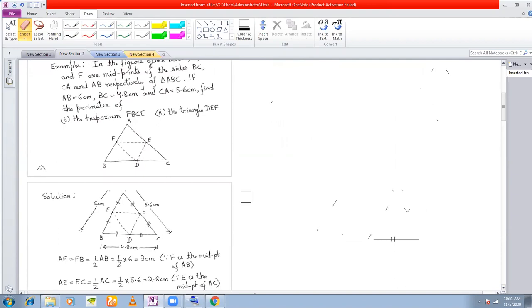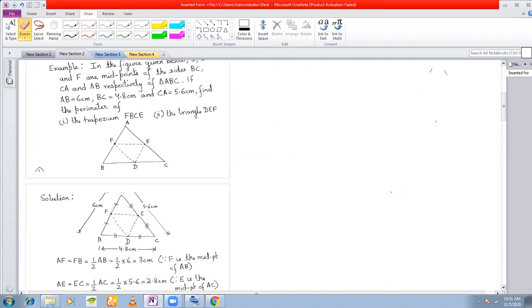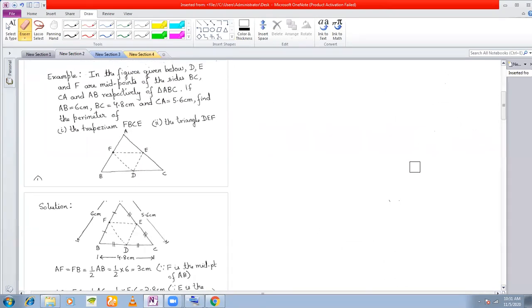So here, if you see this sum, in the figure, D, E, F are midpoints. The triangle in which these points are given to you as midpoints. This is a midpoint, so these two are equal.